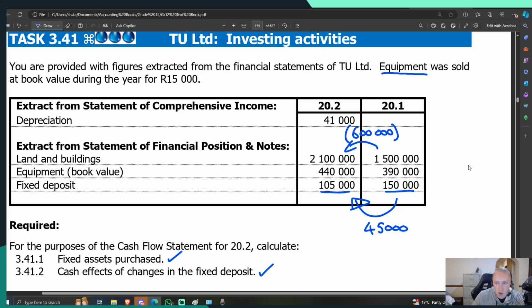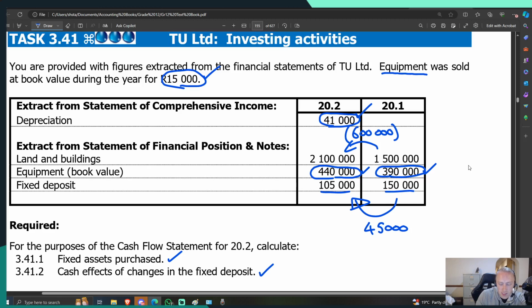We have our opening balance, closing balance, book value of sold, and depreciation. The only thing we're missing is the additions. So we work backwards again. The balance at the end of the year, plus depreciation, plus the disposal, minus the balance at the beginning, and that will give us the amount of equipment that we purchased.